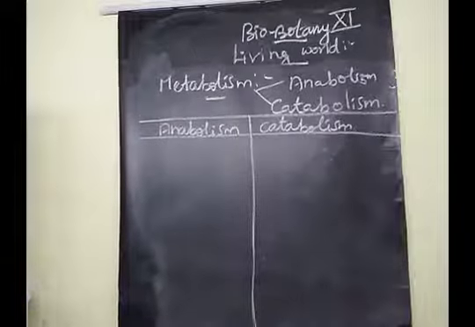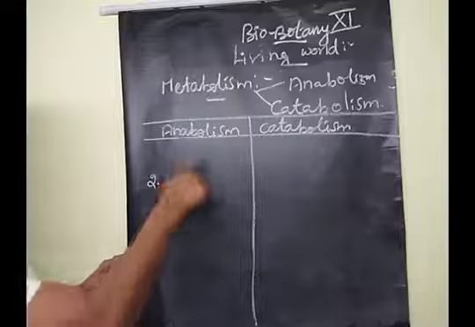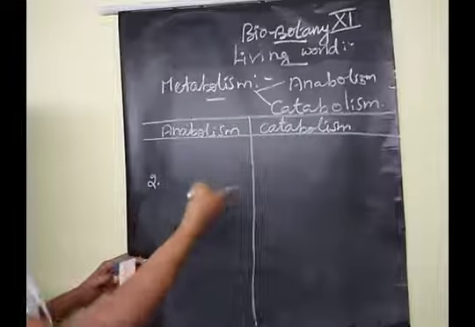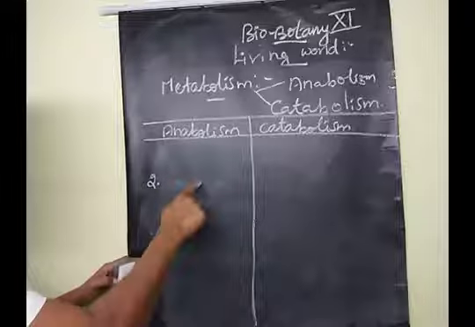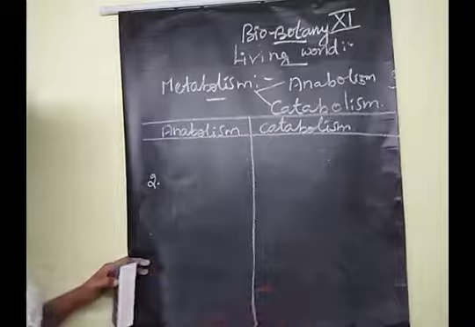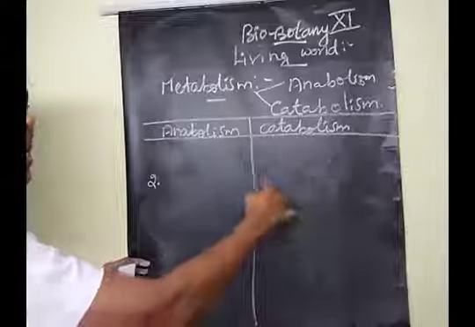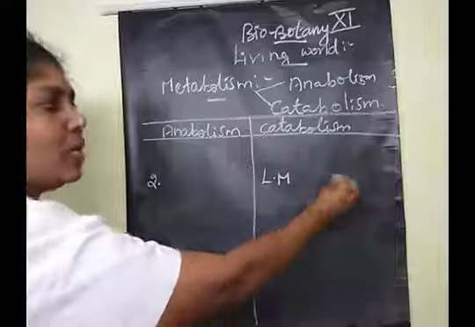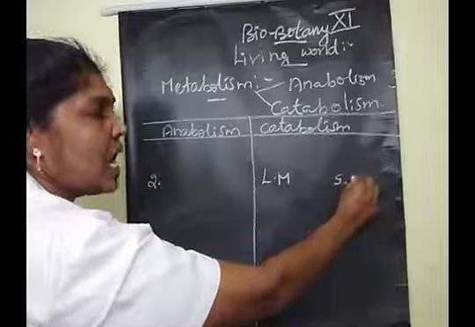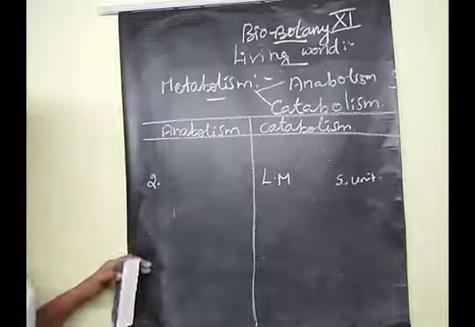Clear? Second point: in anabolism, smaller molecules form complex or larger molecules. Okay, the production of larger molecules from smaller molecules. Clear? In catabolism, larger molecules break down into simple or single units, children, or smaller units.